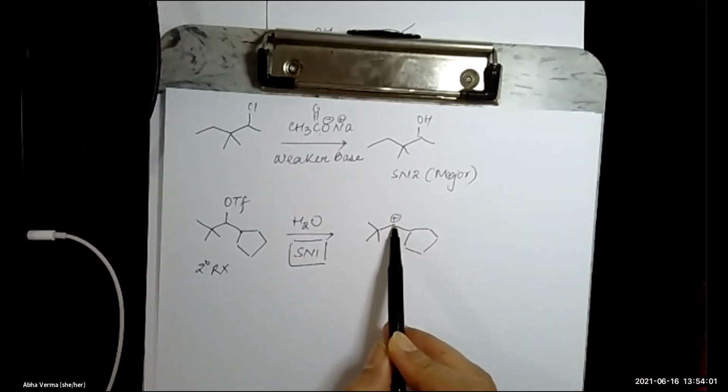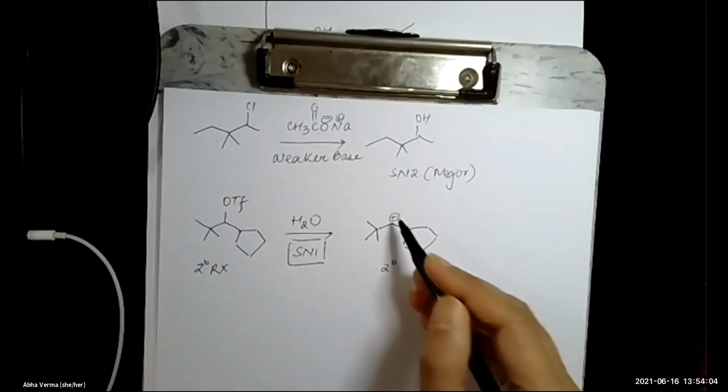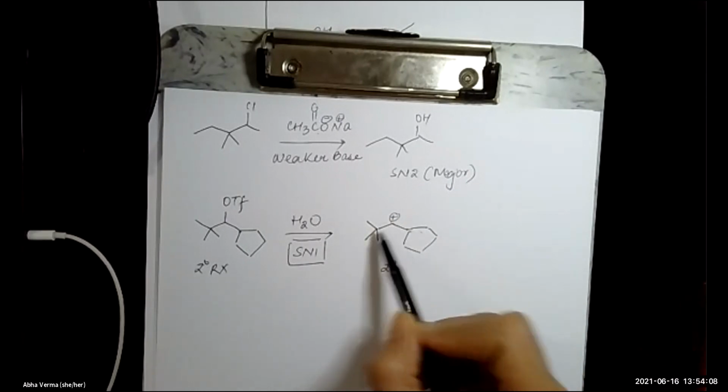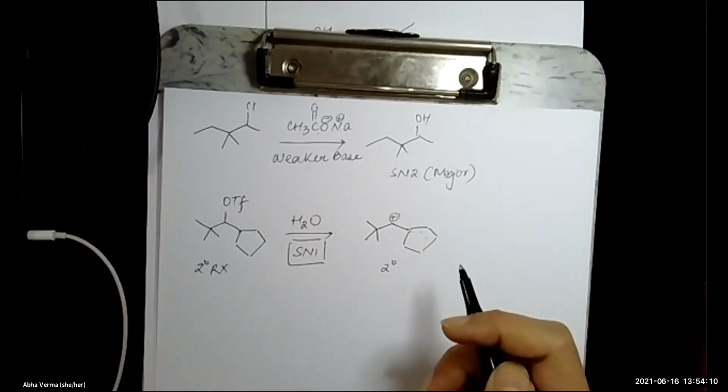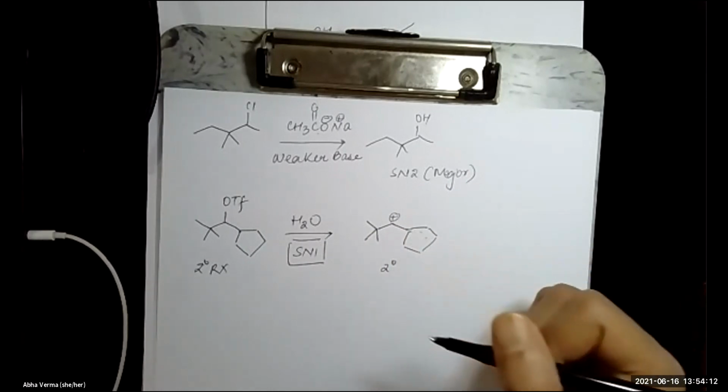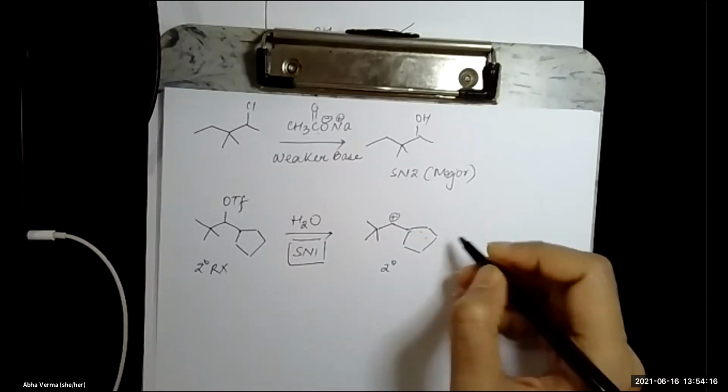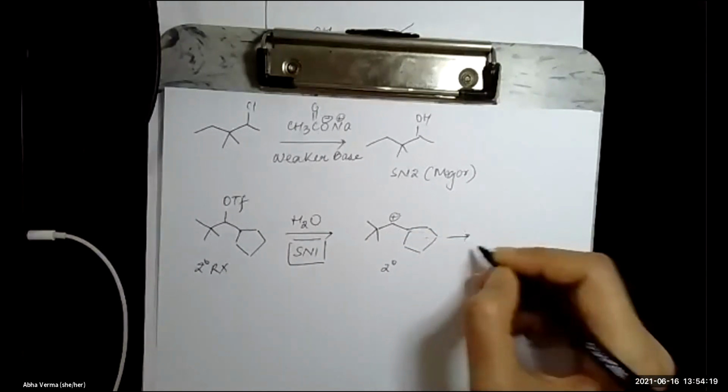This is a secondary carbocation. The secondary carbocation would want to jump here or there. It can come here or it can go there as well. So just for fun's sake, I will have multiple kinds of products happening.